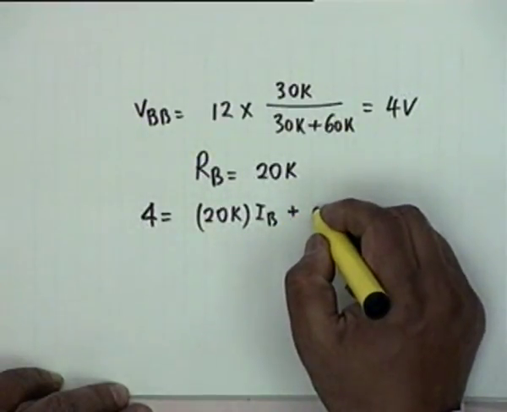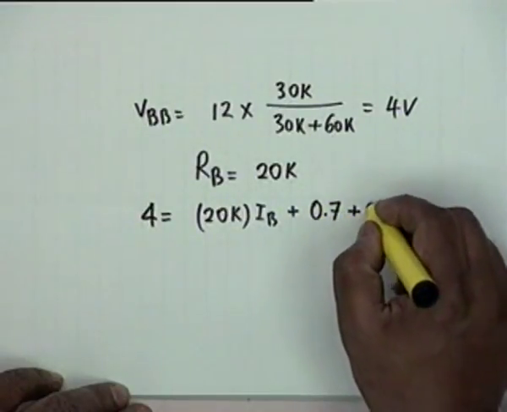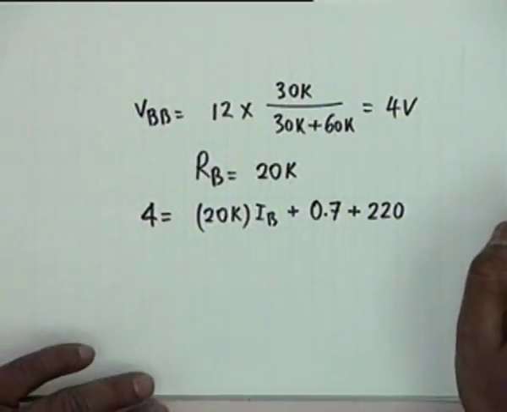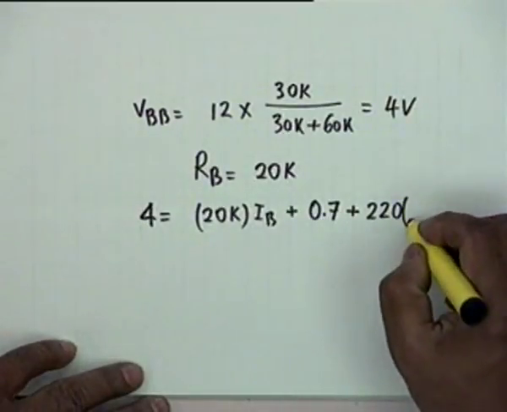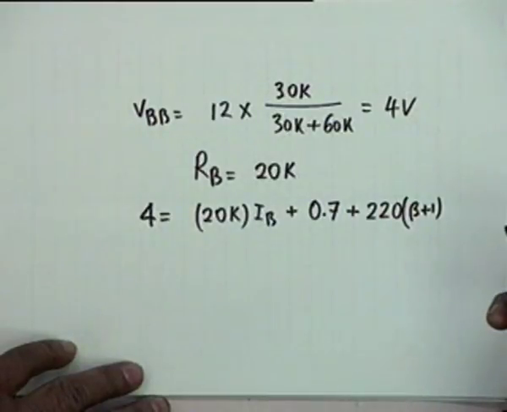plus VBE, which is 0.7, plus 220 ohm multiplied by beta plus 1. Let us keep it in terms of beta because we have to compare.